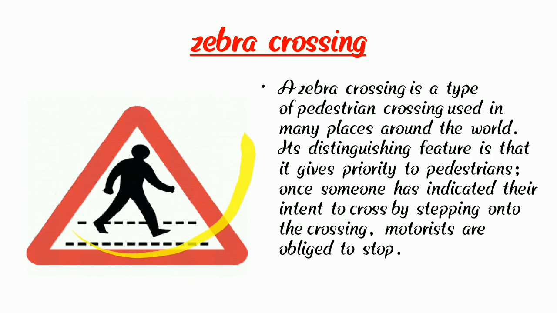A zebra crossing is a type of pedestrian crossing used in many places around the world, and its distinguishing feature is that it gives priority to pedestrians once someone has indicated their intent to cross by stepping onto the crossing.